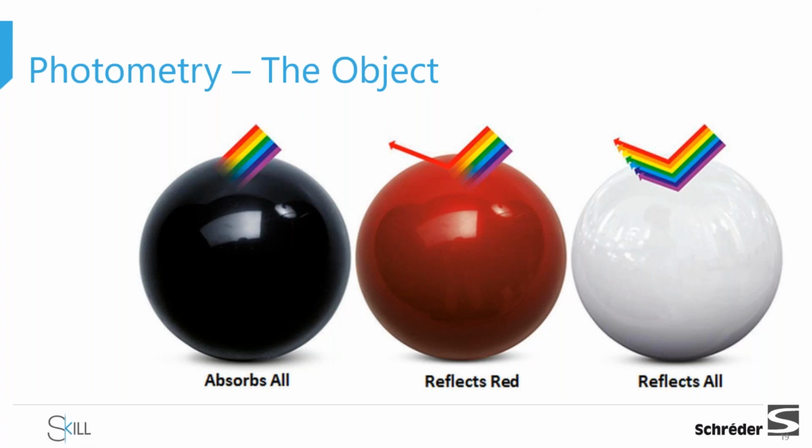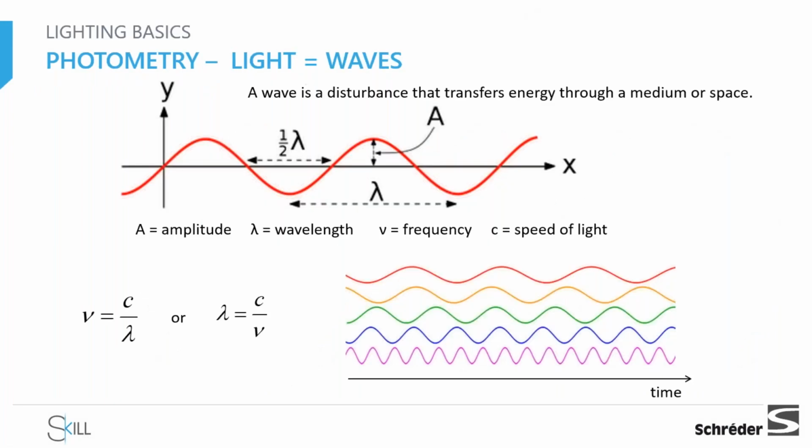You see, we have mentioned wavelength or wave many times now, so we need to understand what a wave is. A wave is a disturbance that transfers energy through a medium or space. If you look at this graph, you will see something similar to a sinusoidal waveform, where we have an amplitude, which is represented by the character A here, and it can vary.